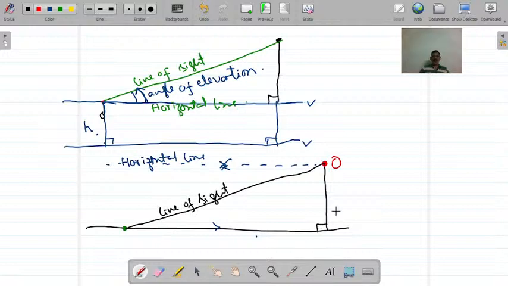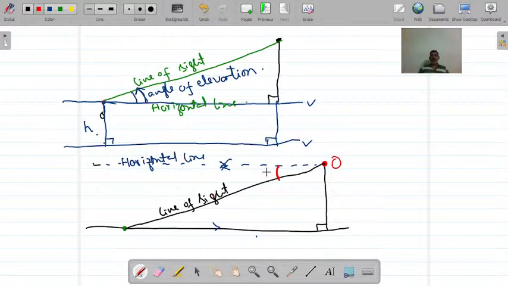Now you observe, this is the horizontal line and this is the line of sight, and clearly you can observe that the line of sight is below the horizontal line. The horizontal line is always straight, parallel to the ground.